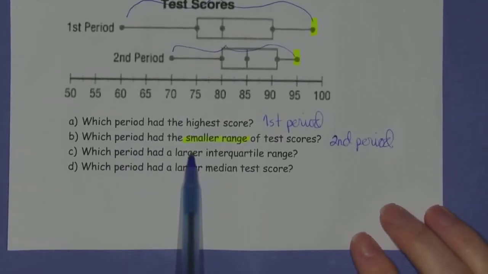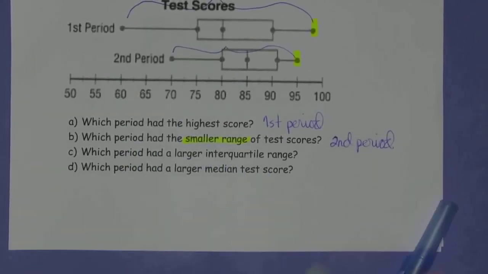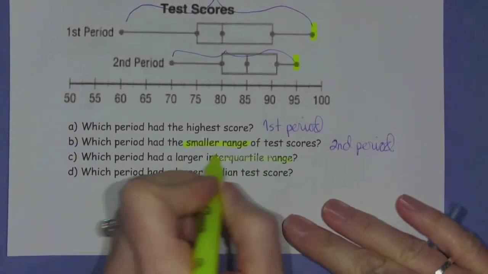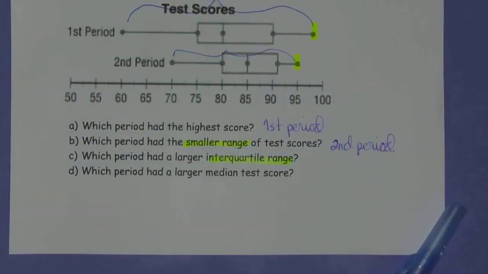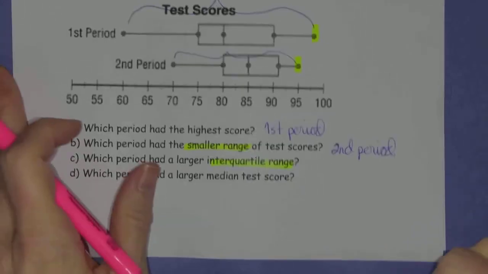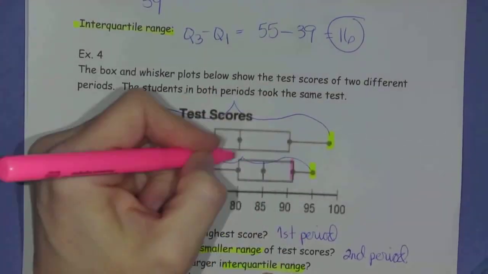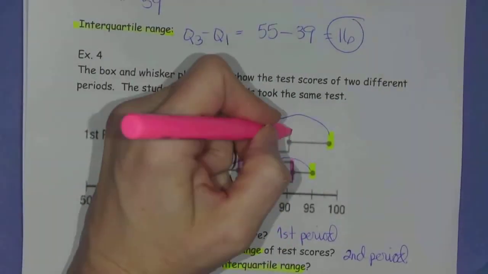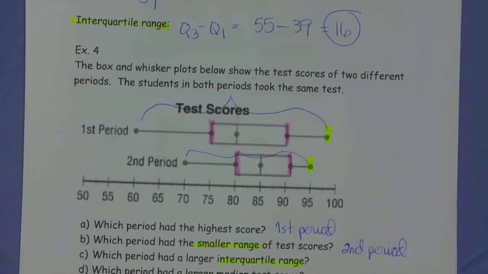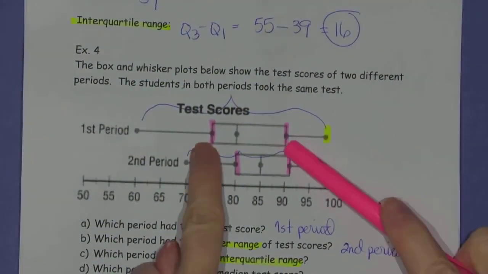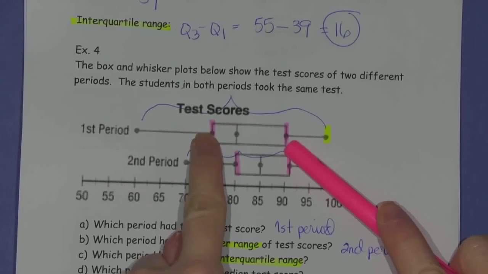Which period had a larger interquartile range? Okay, well, larger interquartile range. So what's bigger? This distance or this distance? To me, this distance looks bigger.